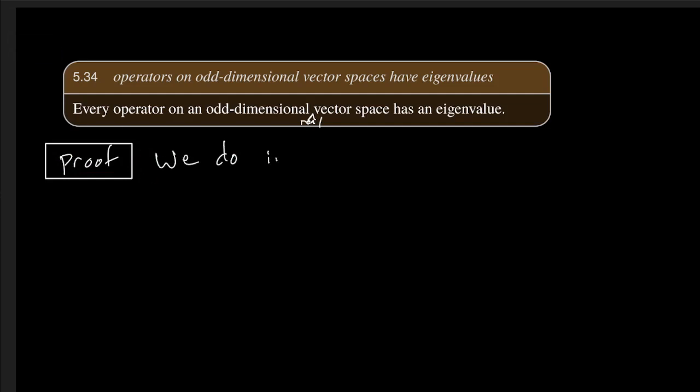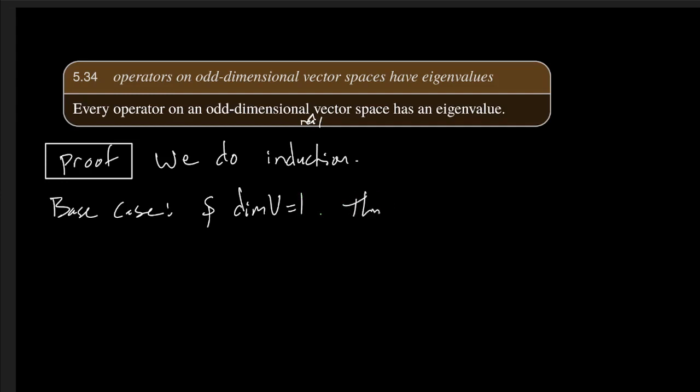We do induction. Base case. Suppose the dimension of V is equal to 1. Then, if T is in L(V), all we have to do is notice that if T sends a vector space of dimension 1 to itself, all it could ever be doing is multiplication.